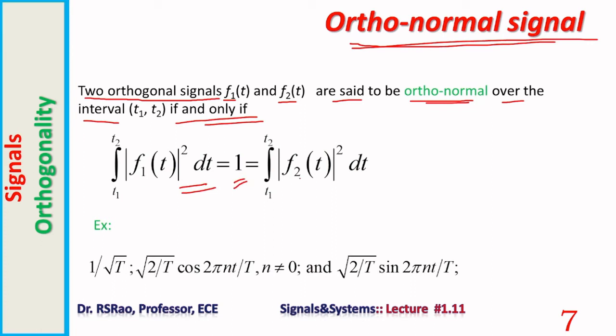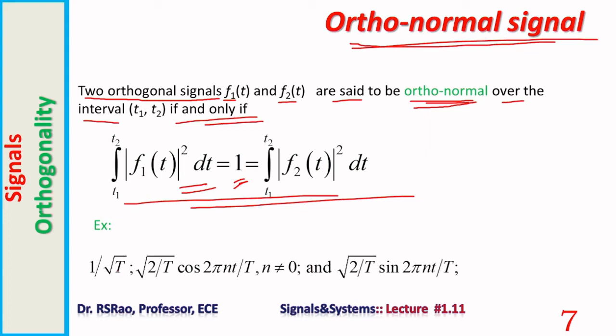Integral of f2 square also must be 1. Then only f1 and f2 are called orthonormal. So two orthogonal signals become orthonormal only if they satisfy this integral relation.